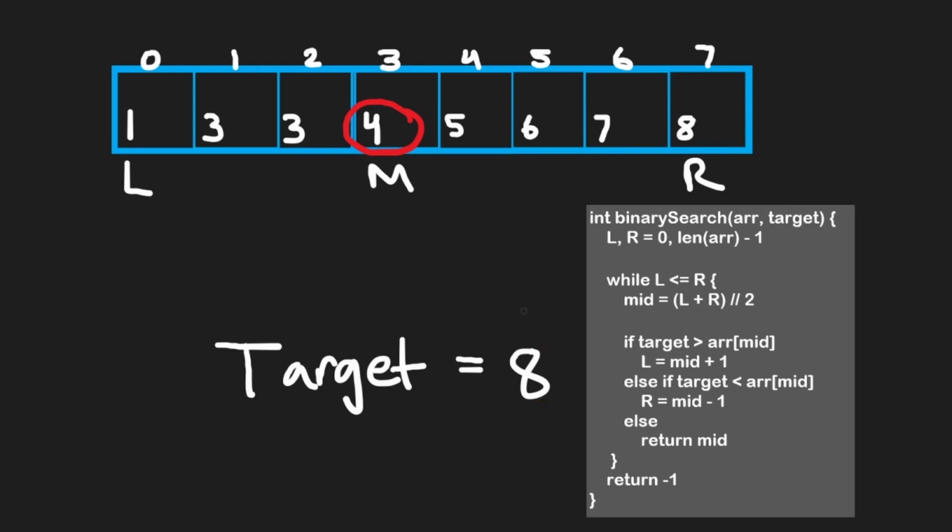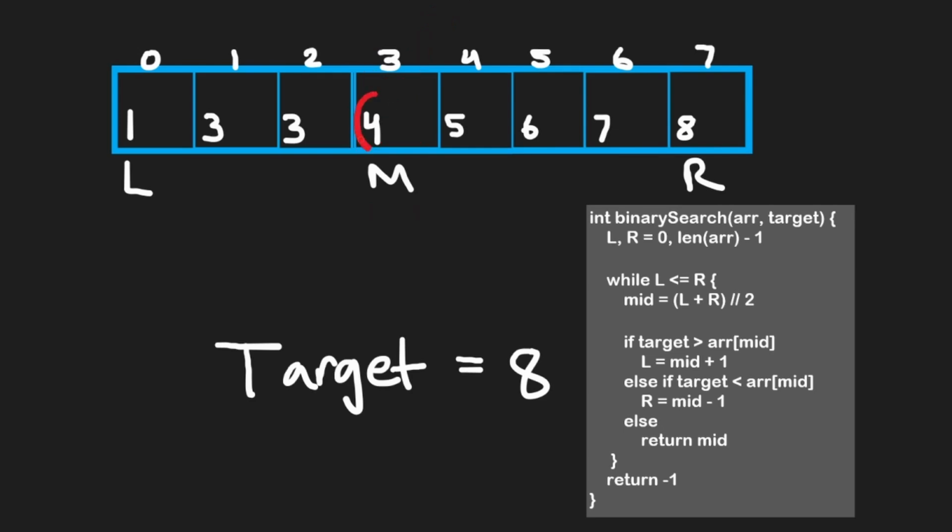Either our target is greater than this value, meaning it's actually somewhere to the right, or our target is less than this value, meaning it's somewhere to the left. And the third case, which I've used as the else case, is we've found the target. Because if the target isn't greater and it's not less, then it must be equal. At that point, we're going to return mid, which is going to be the index. That's what we're trying to return, the index.